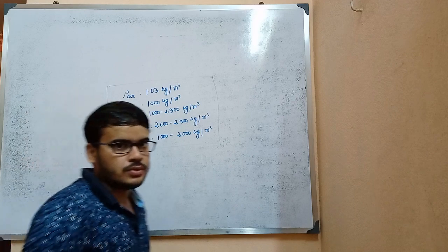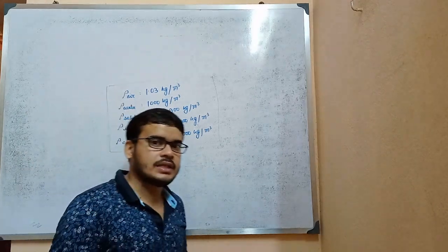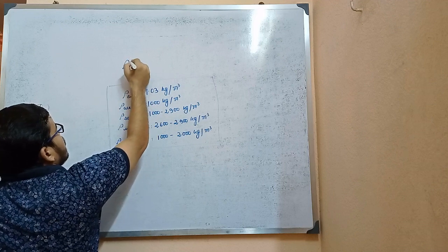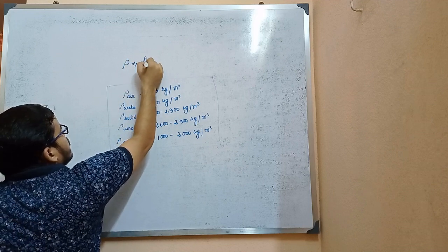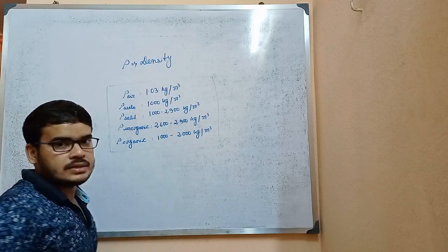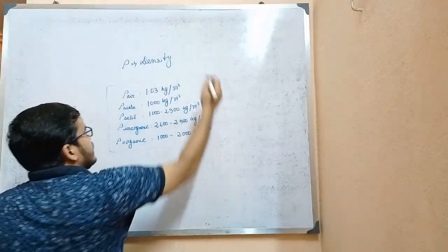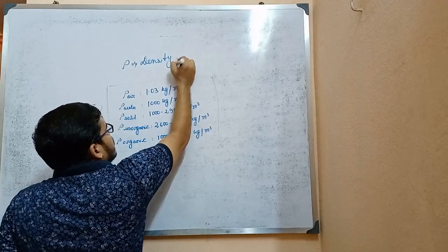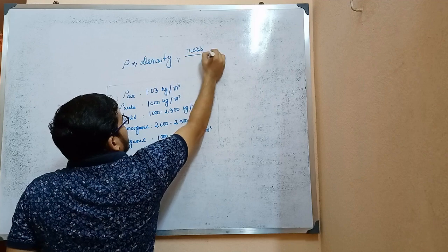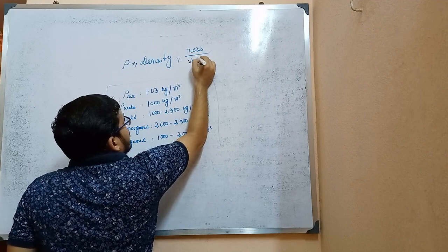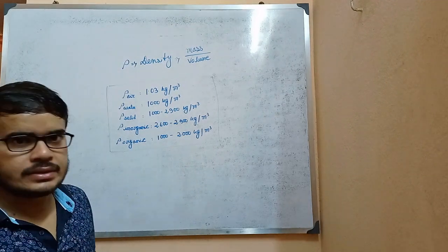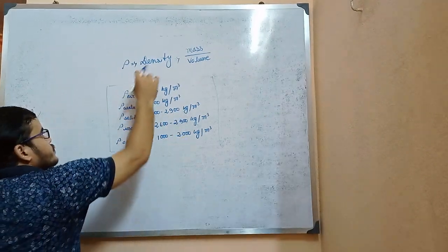First, what is rho? Rho means density. And what is density? Density means mass by volume.